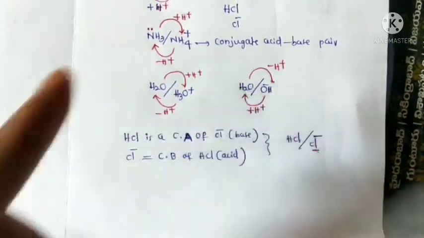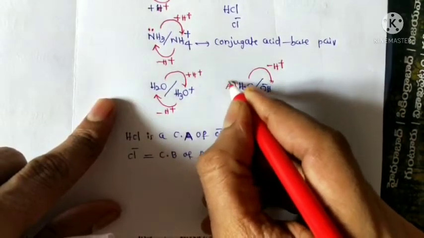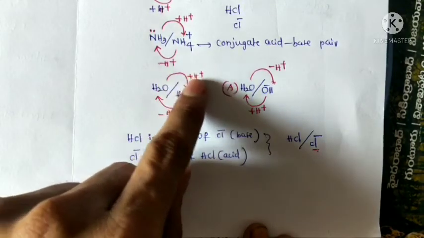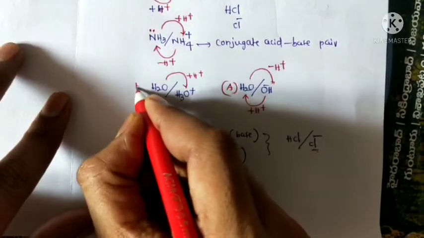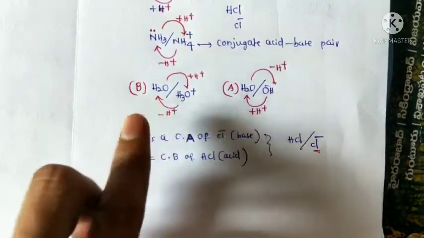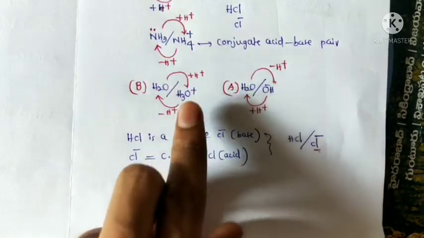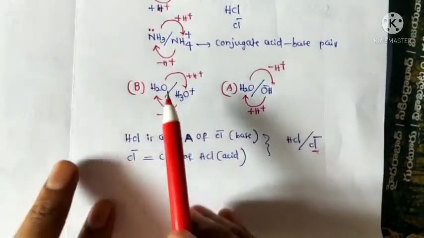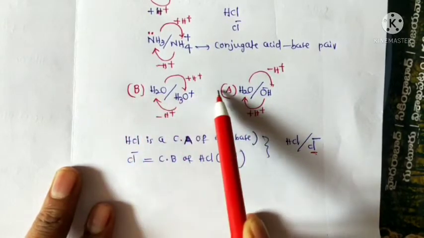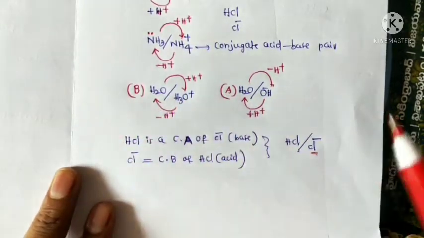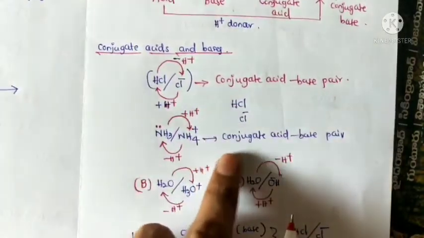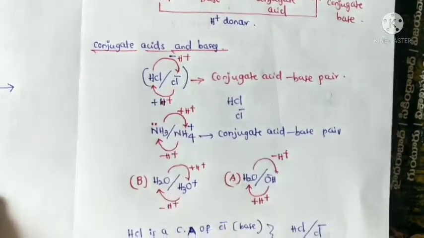So here H2O acts as an acid. Accepting one proton means it acts as a base. So sometimes H2O acts as an acid and sometimes as a base. This is a conjugate acid base pair.